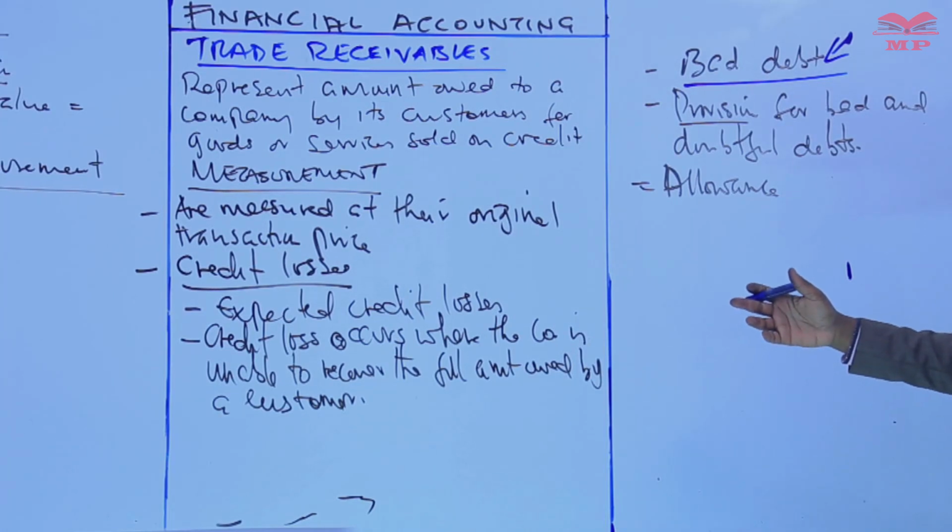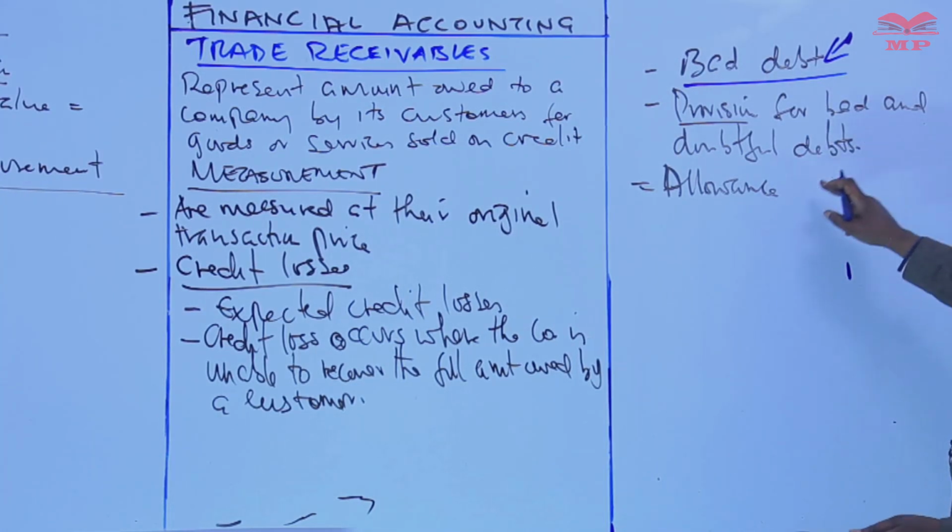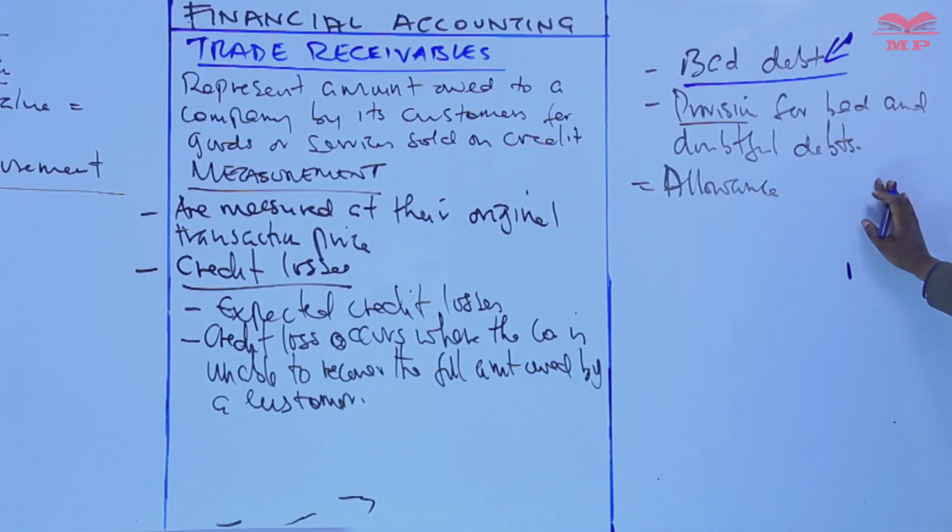But we have what we call allowance for bad and doubtful debts, or provision for bad or doubtful debts. To account for the potential bad debts, companies establish what we call an allowance for doubtful debts account, which is a contra asset account that reduces the net realizable value of accounts receivable on the balance sheet.